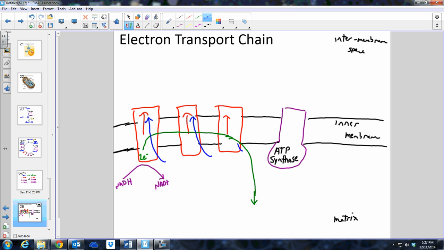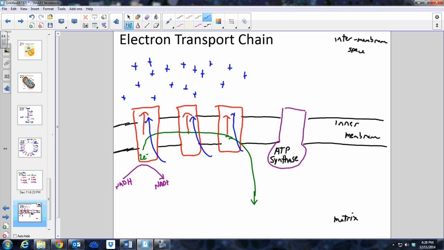Through these pumps. And what are we building up? You guessed it, concentration gradient. Now, one thing that's important to note is for every NADH, 3 protons are being pumped across the membrane. Why?